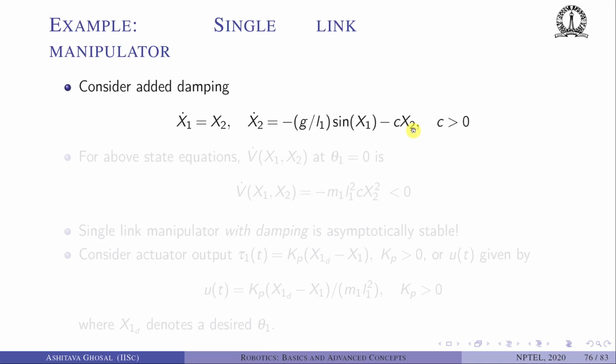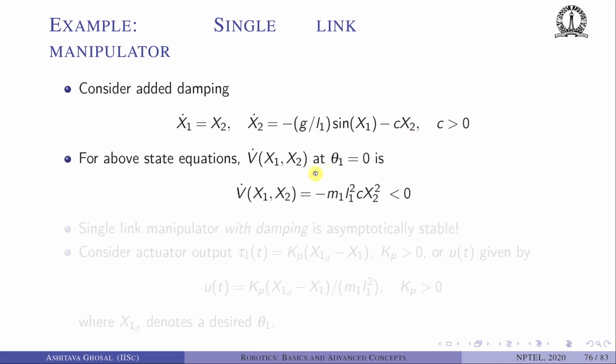Okay, so for the above state equations, again we can use the same V and we can obtain V dot. And we can see that the V dot is minus m1 L1 squared c x2 squared. Okay, so this is a square. So this is less than 0. Okay, so the single link manipulator with damping is asymptotically stable.